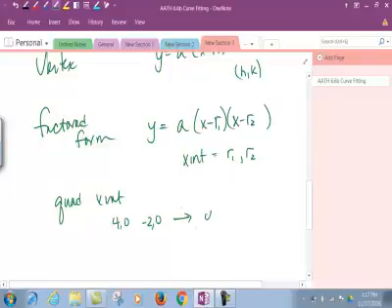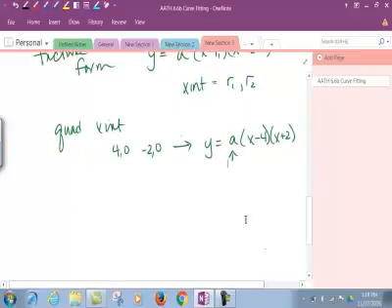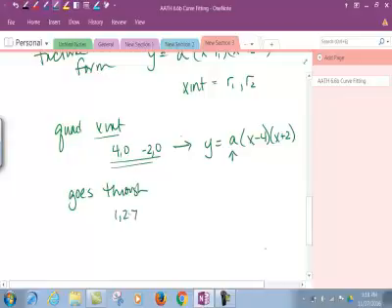And the answer is no, that's not enough, because I could come up with these 2 binomials, but I still don't know a. In order to find a, I need a third point. So let's finish this by saying the quadratic goes through (1, 27).